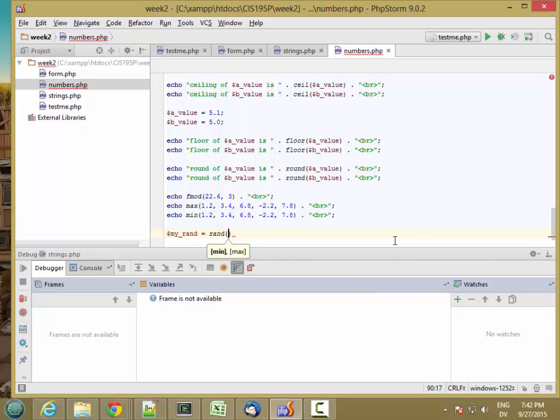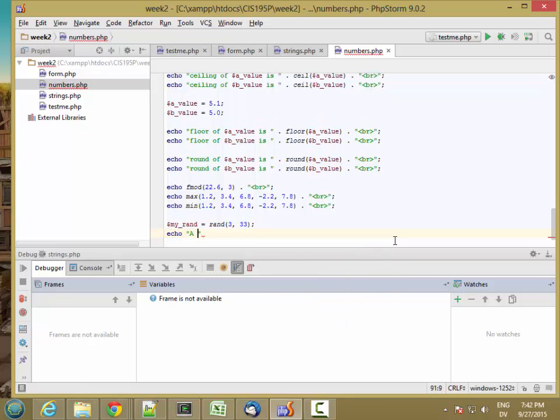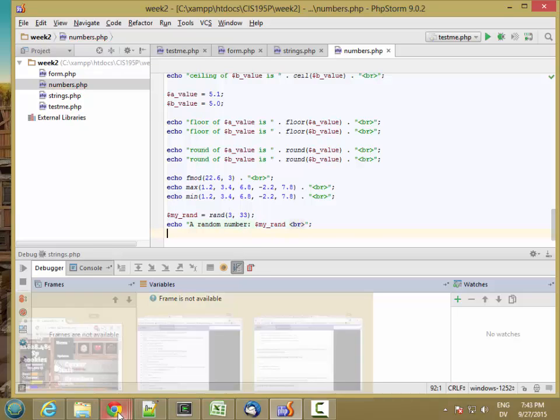So for example, if I want a random number between 3 and 33, this will pick a number between 3 and 33 inclusive.